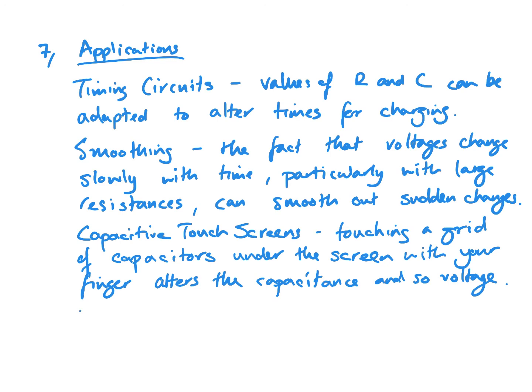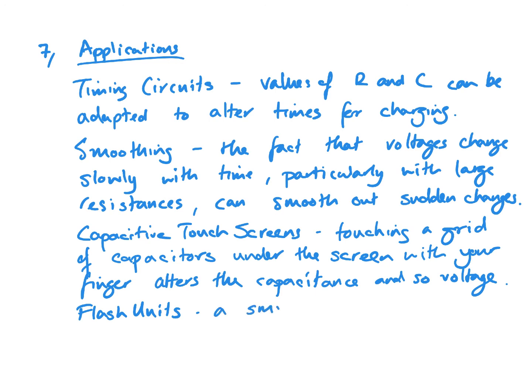And then lastly, traditional camera flash units. So using a small battery, for instance, which wouldn't supply a huge current to a bulb, you can let that battery charge up a capacitor.